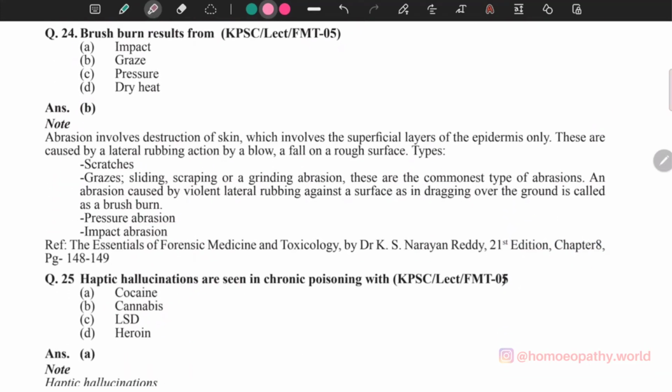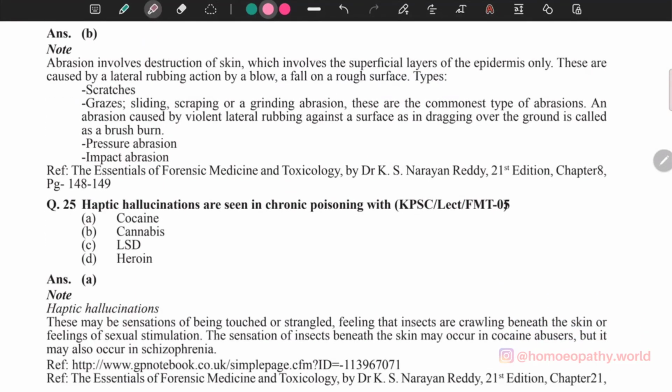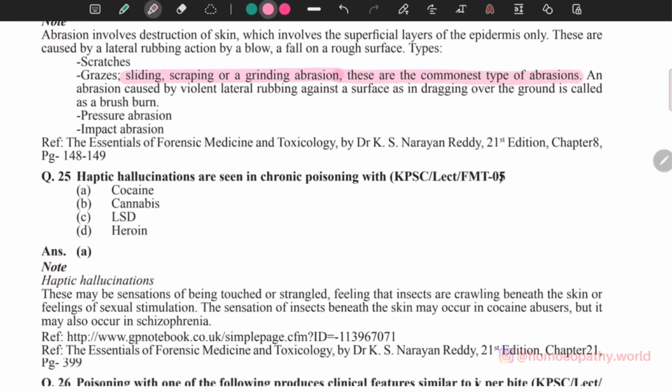Next question. Brush burn results from A. impact, B. graze, C. pressure, and D. dry heat. The answer is graze. Graze is sliding, scraping, or grinding abrasion. These are the commonest type of abrasions.